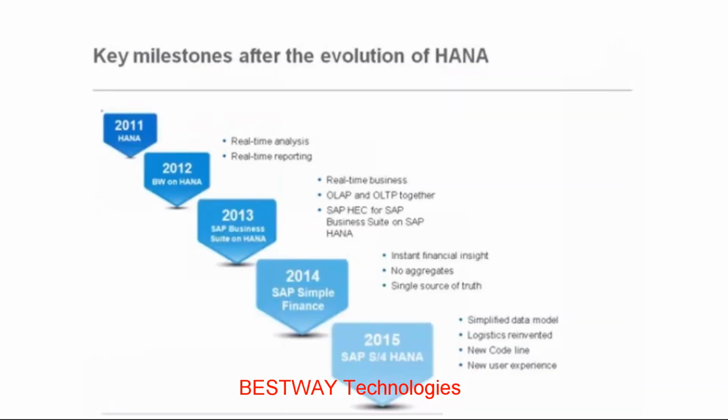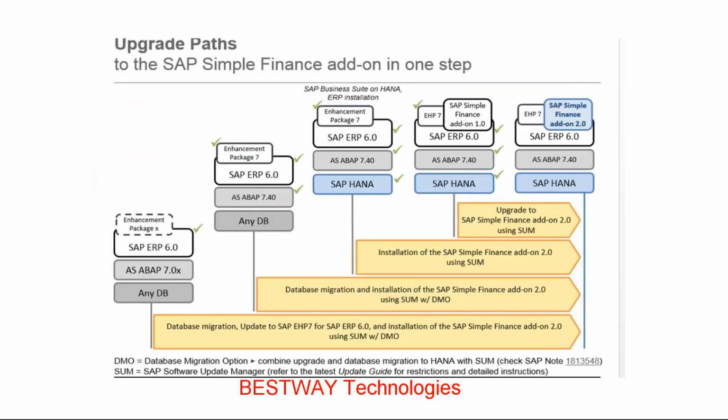These are the key milestones of HANA from 2011 till 2017. Now, if you want to go for HANA, what should be the base? You should first go for database migration to HANA. Many projects have done HANA database migration but have not started using any S4 HANA functional module changes. They just migrated from Oracle database to HANA database.